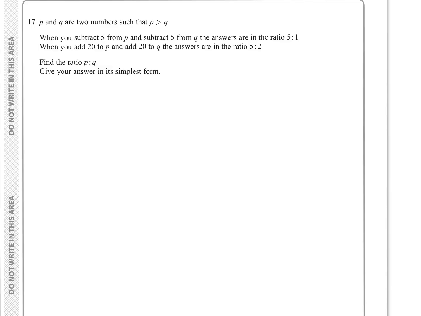Question 17. P and Q are two numbers such that P is greater than Q. And it says when you subtract 5 from P and subtract 5 from Q, the answers are in the ratio 5:1.